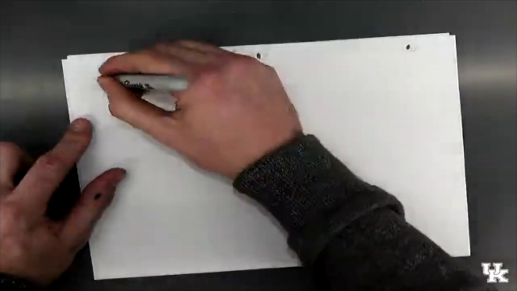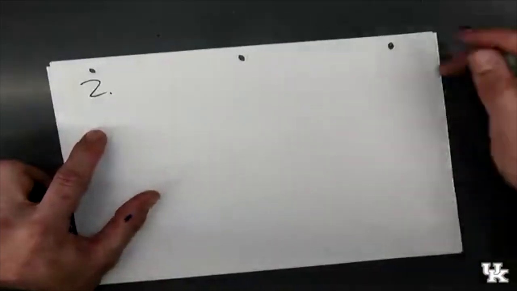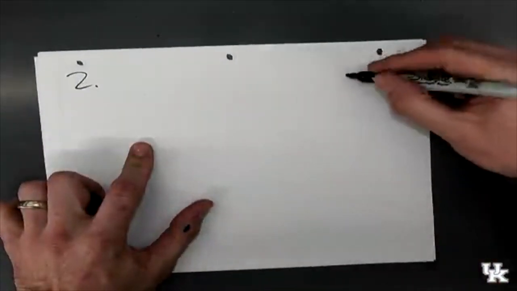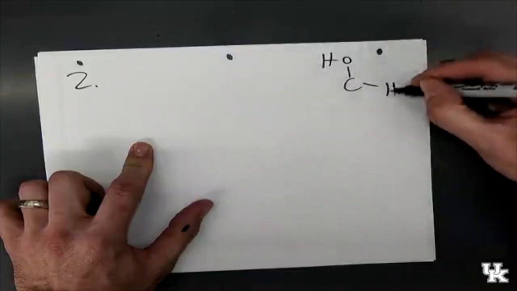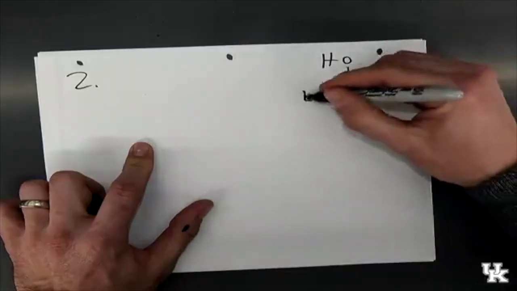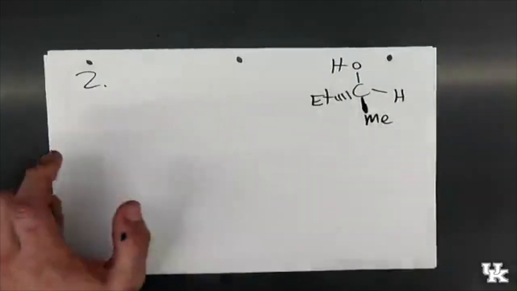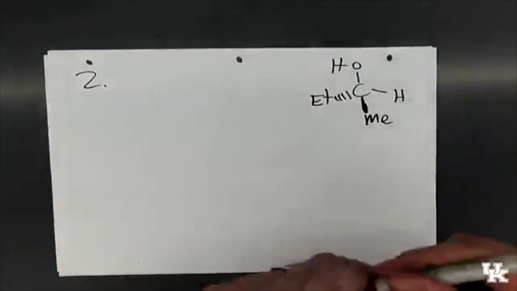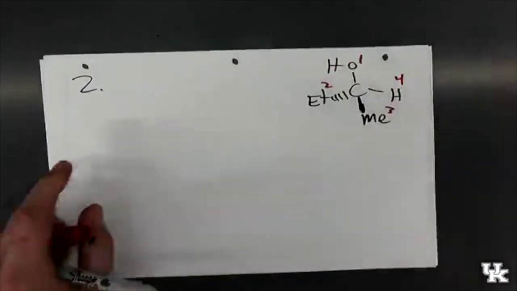All right, number 2. The hydrogen in the molecule, so let me redraw it so that we're all on the same page. So we were here. Ethyl, methyl, and we had priorities assigned, and they were 1, 4, 2, and 3, just like that.